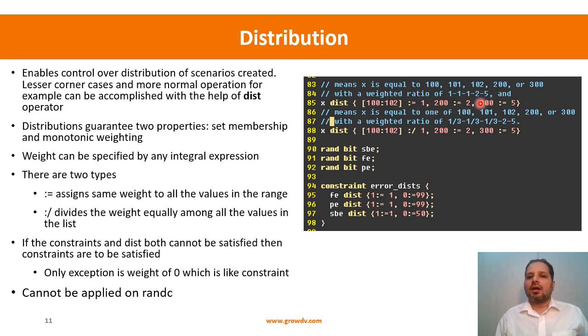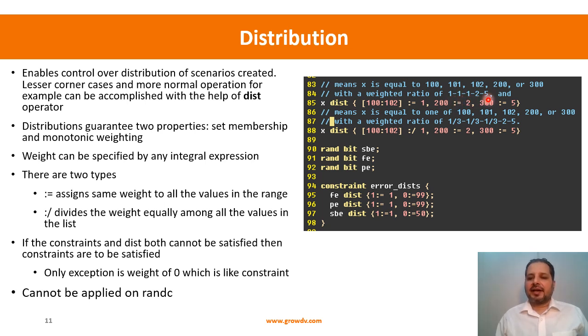So the overall weighted ratio for this particular dist is 1, 1, 1 for the values 100, 101 and 102, then a distribution weight of 2 for the value 200, and a distribution weight of 5 for the value 300. One point you might want to keep in mind is, let's say this is 1 plus 1 plus 1, this is 3, plus 2 is 5, and 5 plus 5 is 10.